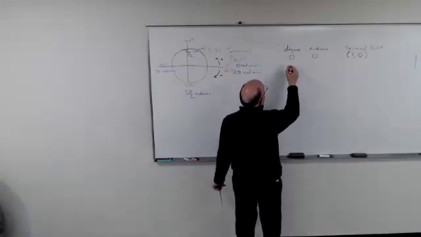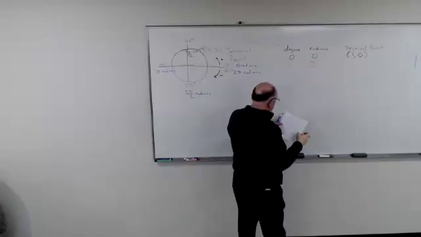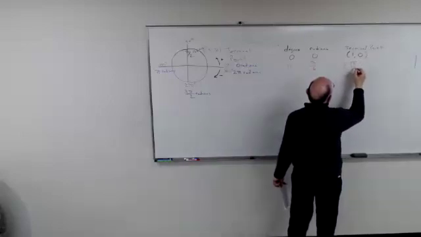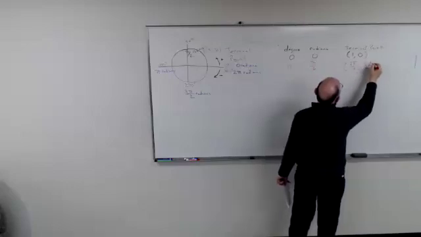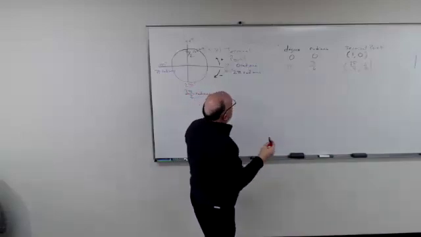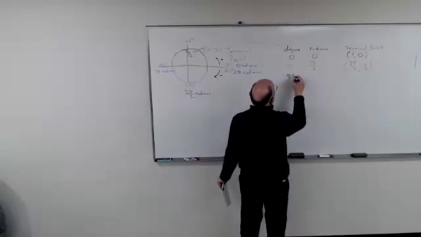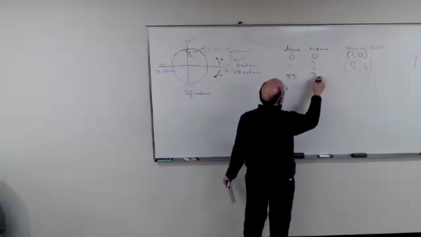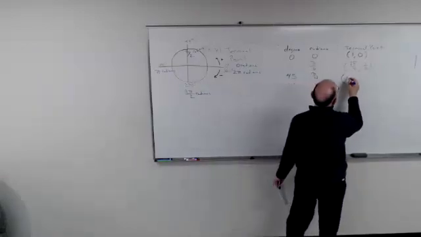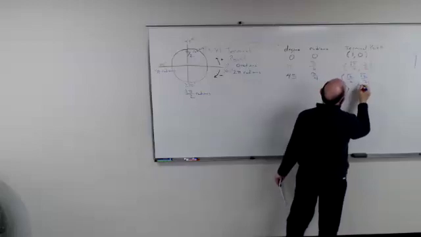So 30 degrees, which would be the same thing as pi over 6. You have the square root of 3 over 2 and 1/2 for that one. 45 degrees, which in terms of radians is pi over 4, is the square root of 2 over 2, square root of 2 over 2.